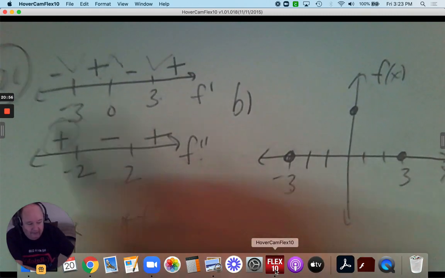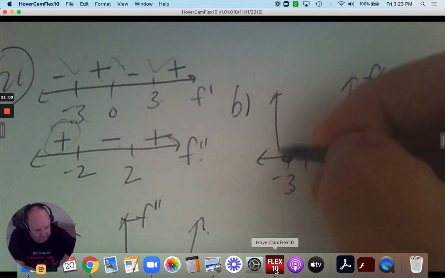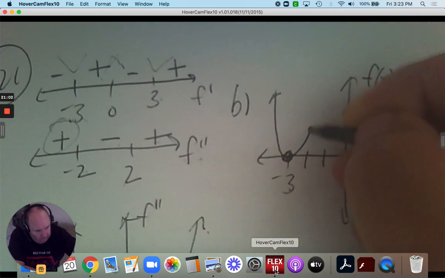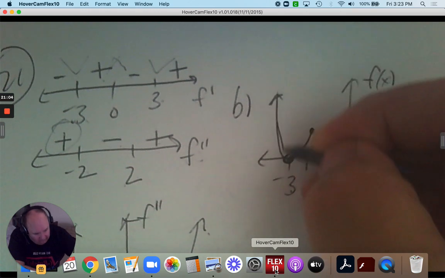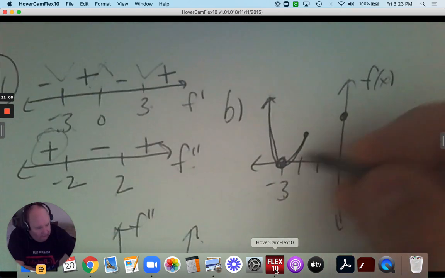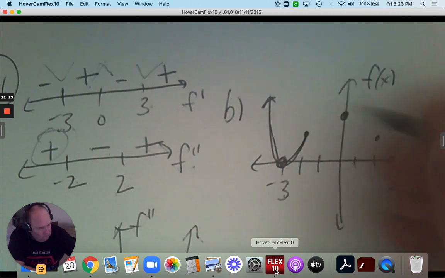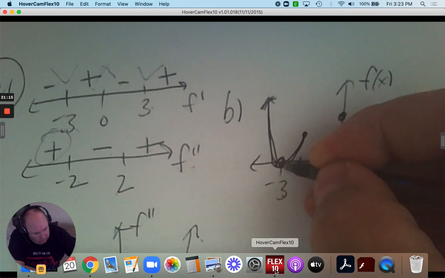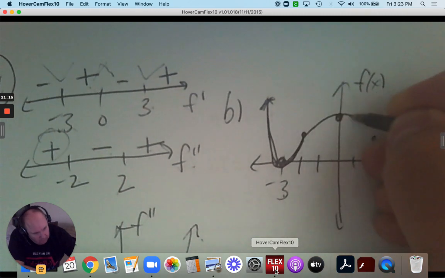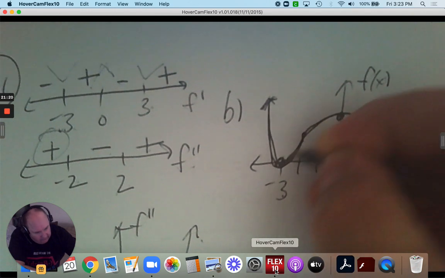The concavity, up to -2, it's concave up. So I'm going to go concave up. And then after -2, it's concave down. See if I can make this kind of smooth.